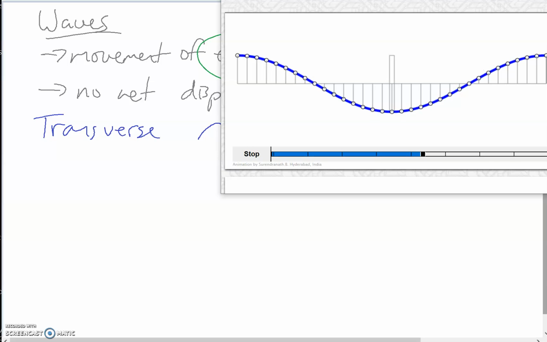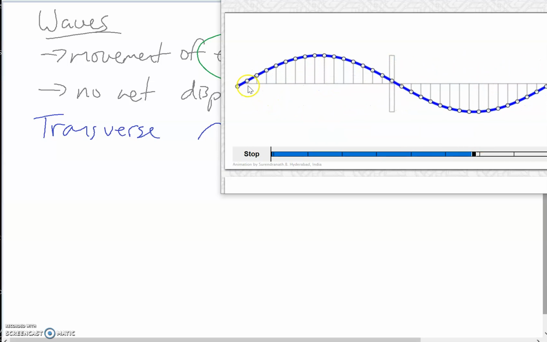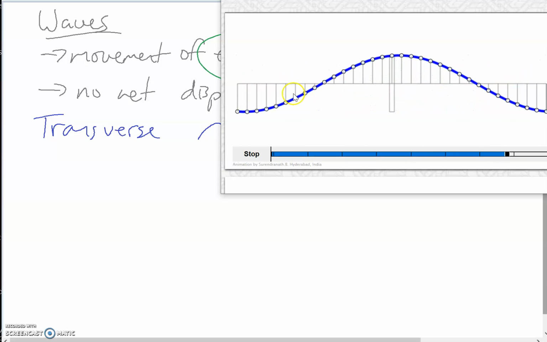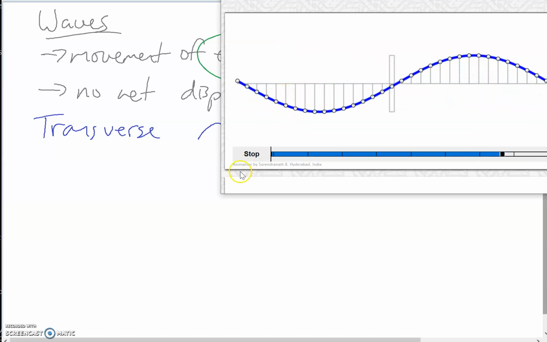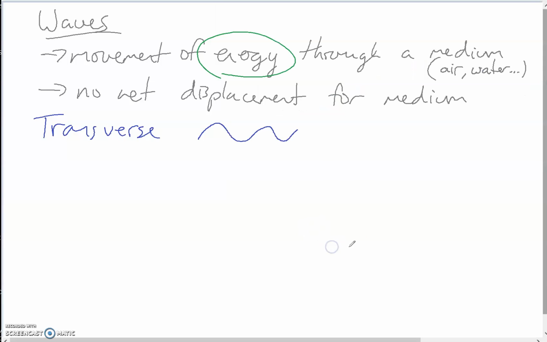And this is what's called a transverse wave. So for this one, you've got the energy moving towards the right, and you've got the particles moving up and down. And this basically defines what a transverse wave actually is. Okay, so a transverse wave is defined based on the motion of the two things.